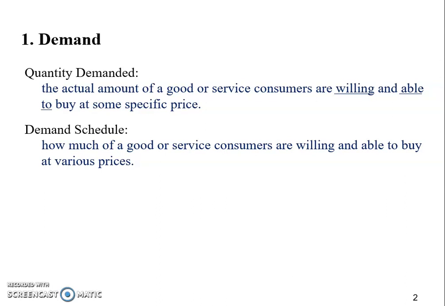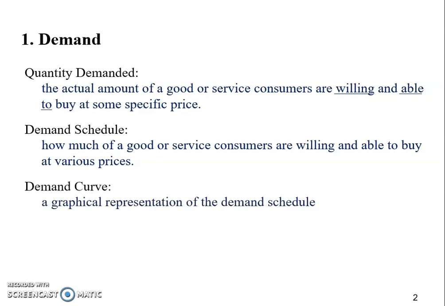Remember, in the previous example, we showed you the table and we drew the curve on the basis of the information in the table. So that table is called demand schedule. Demand curve is just a graphical representation of the demand schedule, so it's that downward sloping curve we already drew.